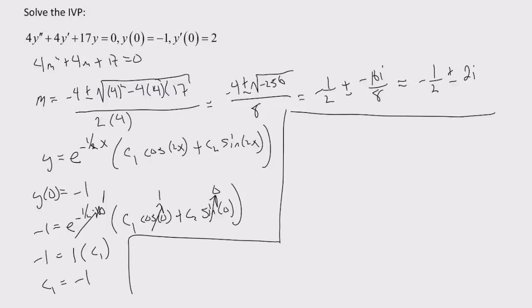Since I know C1, I just want to plug that in, and then take the derivative, and then I can apply the other condition that we know, because that makes my life a little bit easier if I now know that C1 is -1. So negative cosine 2x plus C2 sine of 2x. Alright, so this would be an example of the product rule with a bunch of chain rule joy going on there.